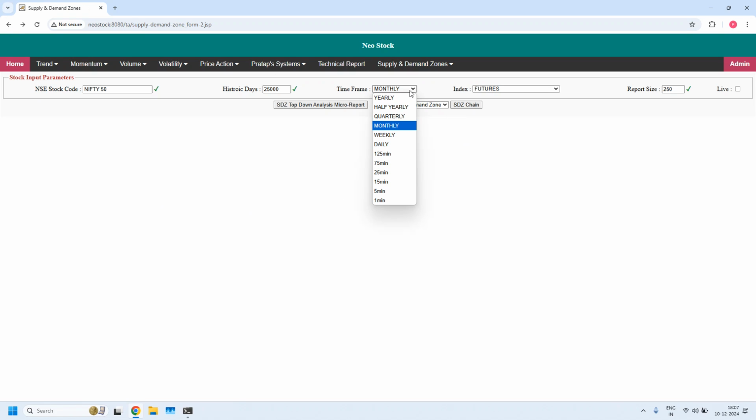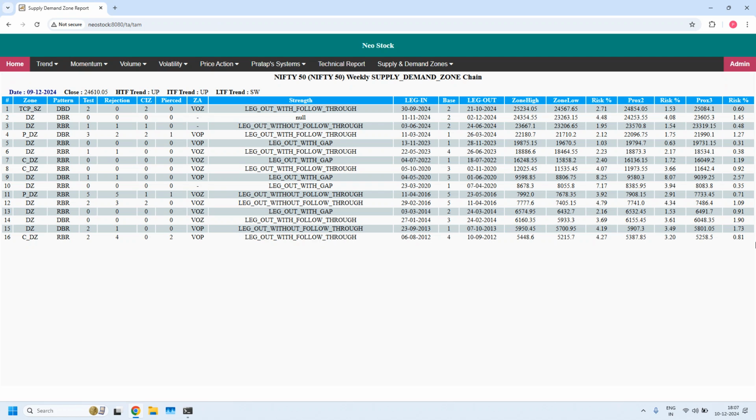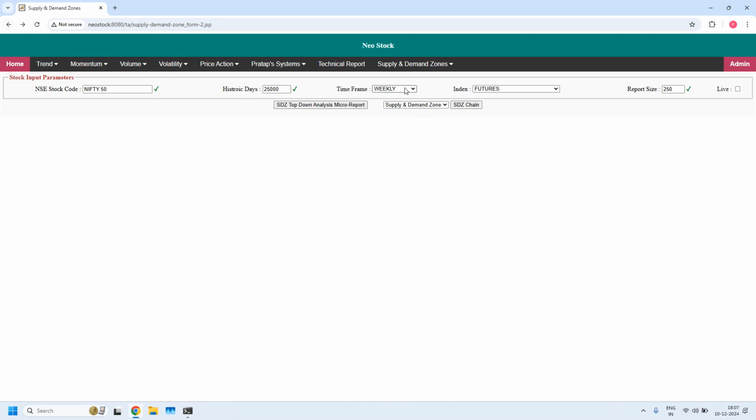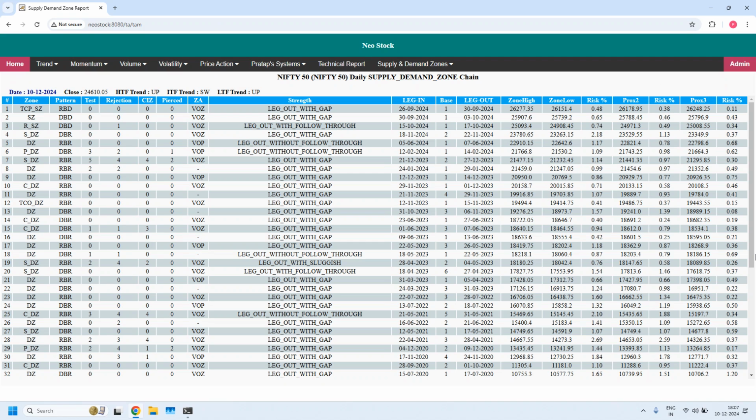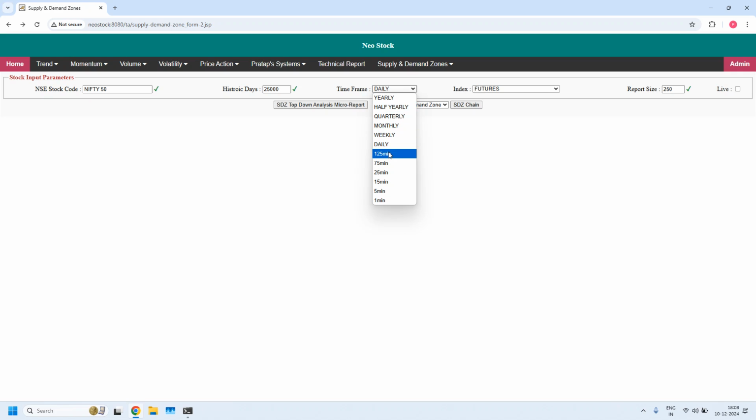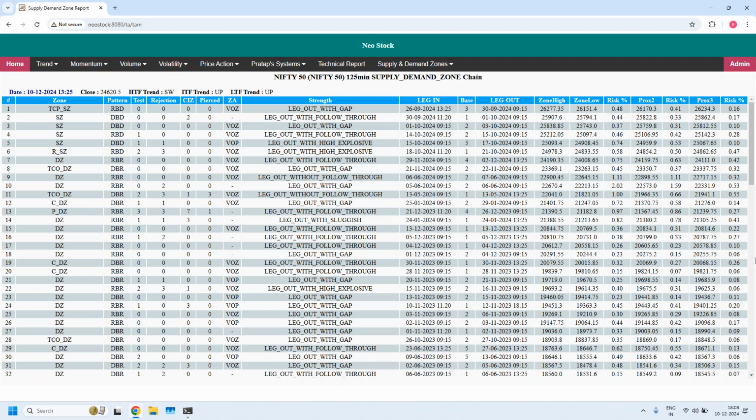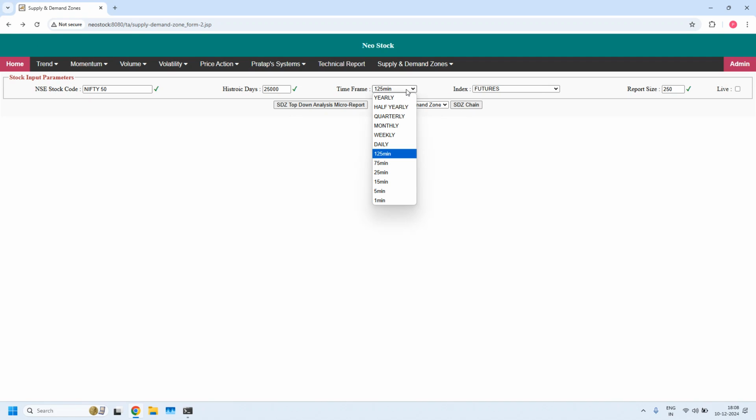Okay, next, NIFTY weekly supply demand zone chain. Next, NIFTY daily supply demand zone chain. Next, 125-minute supply demand zone chain for NIFTY. Next, NIFTY 75-minute supply demand zone chain.